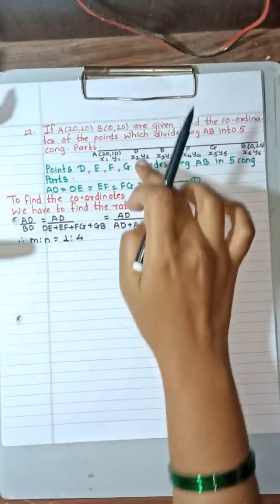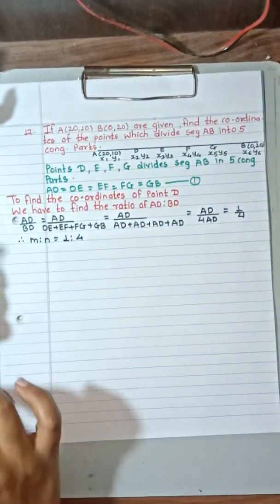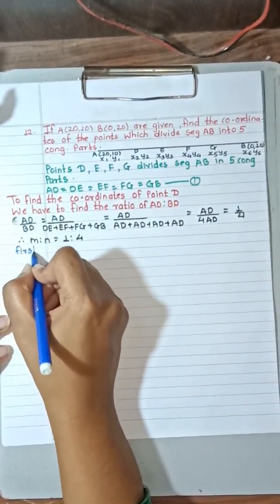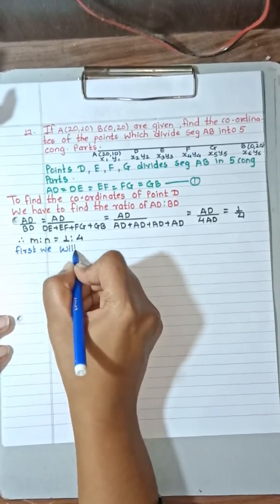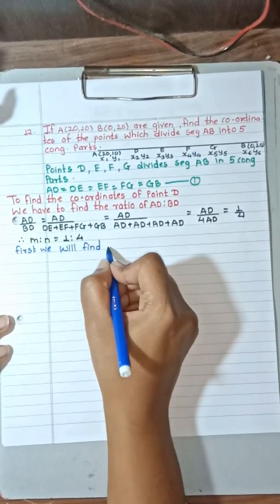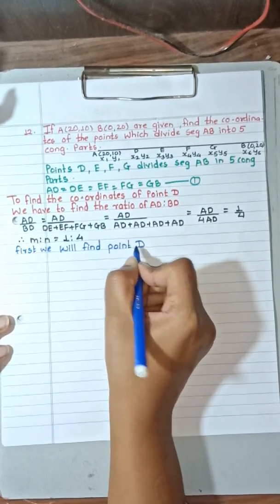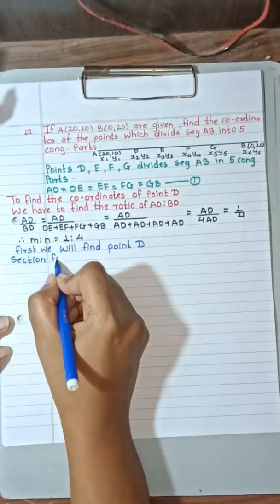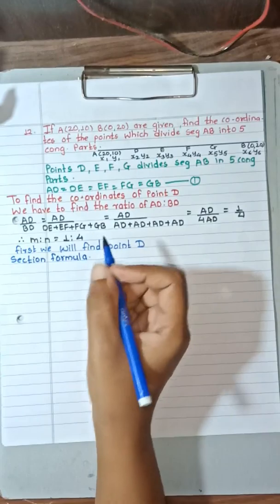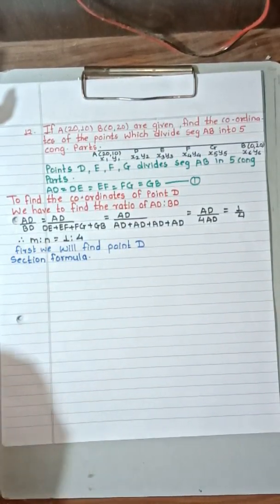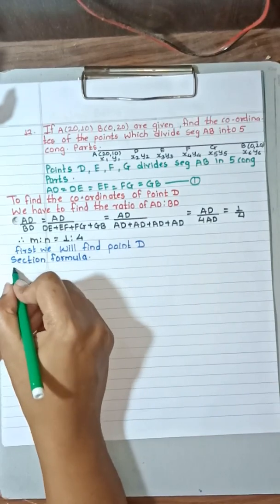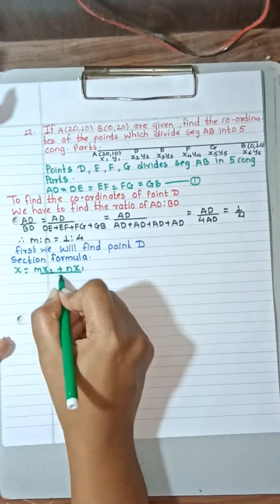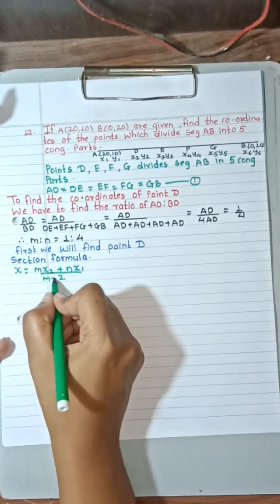Now first of all we'll find out the coordinates of point D. For that I'll write down here, first we will find point D. Now put the section formula over here. So what is the section formula? Section formula says that x is equal to (mx2 plus nx1) upon m plus n.